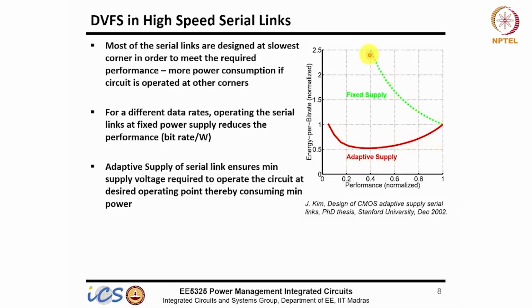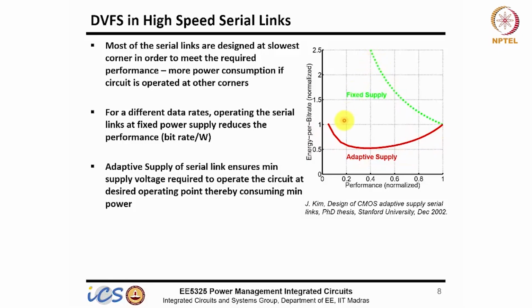When your performance is increasing, if you don't vary the supply, the energy per bit will be much higher. The efficiency is measured in energy per bit here. But if you use an adaptive supply, your energy per bit is much less compared to this one.